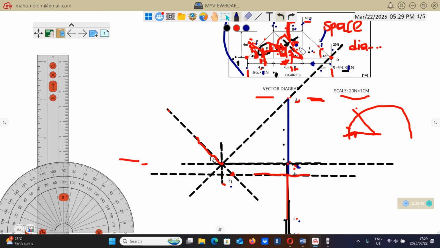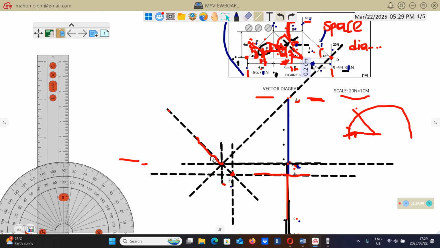But from H to I, it's a vertical line. Therefore, you just have to come to H and draw the vertical line like this. From H to I, it's a vertical line.